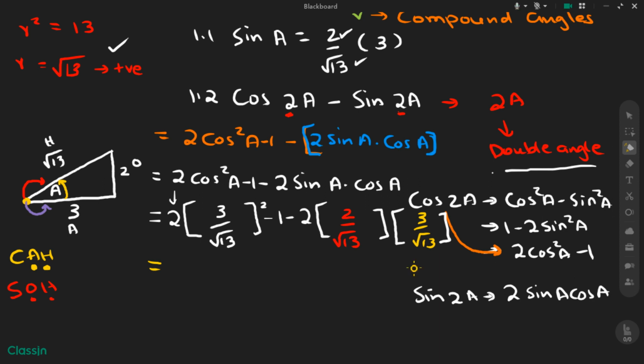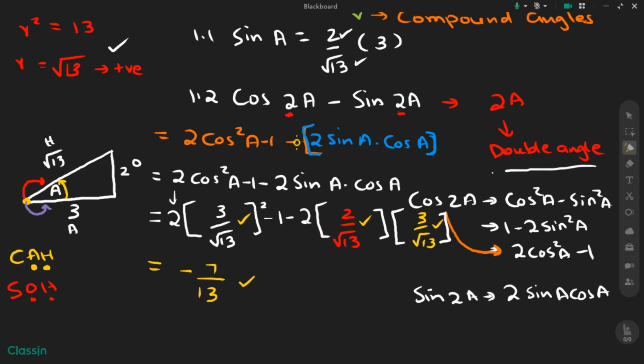Then you press that. Then your answer is going to be negative 7 over 13. So now we have our solution. Where do these 4 marks come from? Substituting, substituting, substituting, and the solution.